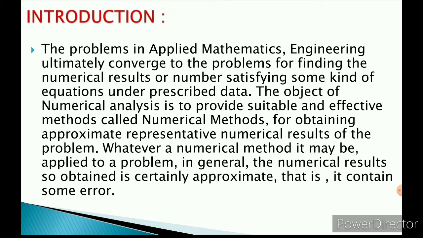The object of numerical analysis is to provide suitable and effective methods, called numerical methods, for obtaining approximate numerical results of the problem. Whatever numerical method may be applied to a problem, in general, the numerical result so obtained is certainly approximate, that is, it contains some error.